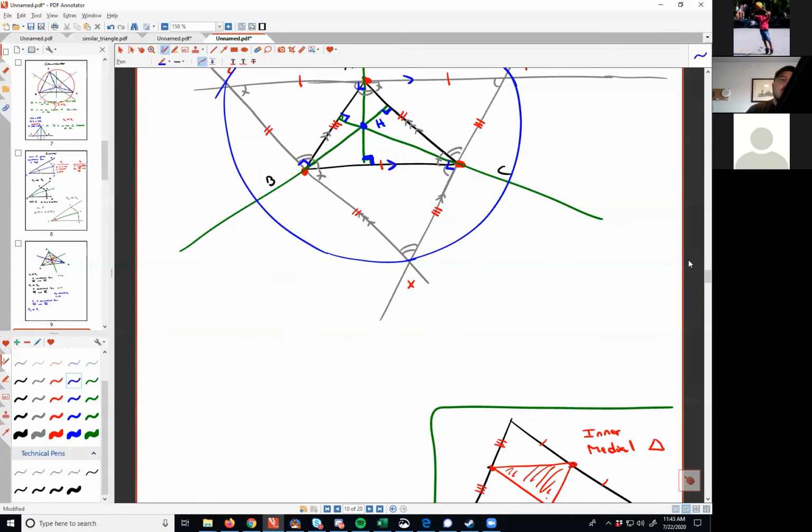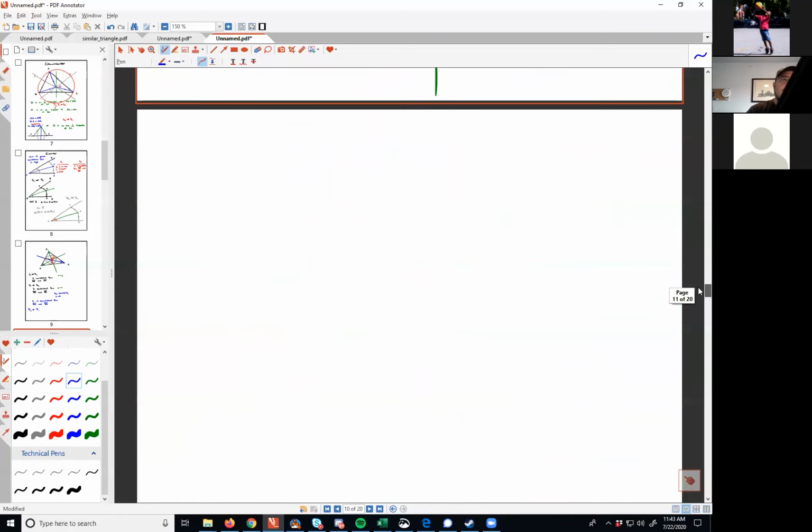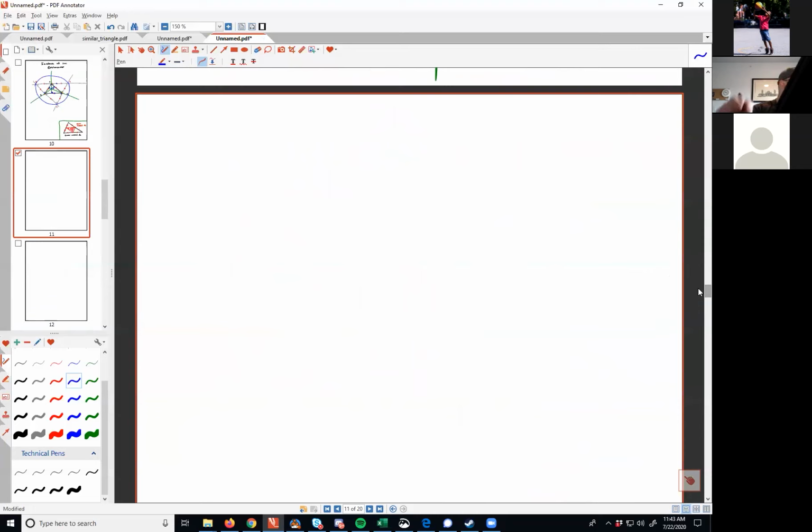Now let's take a look at the circumcenter of a right triangle. Let's say that we've got a 6, 8, 10 right triangle. And I'm going to draw in the perpendicular bisectors.